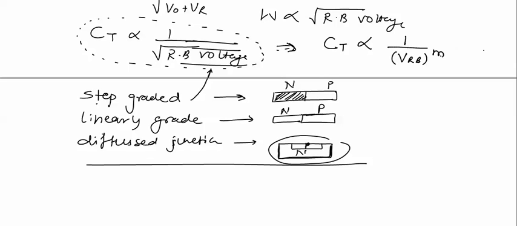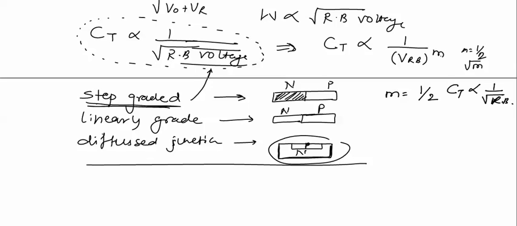If the diode is step graded, m equals 1 by 2, so CT is inversely proportional to the root of reverse bias voltage.